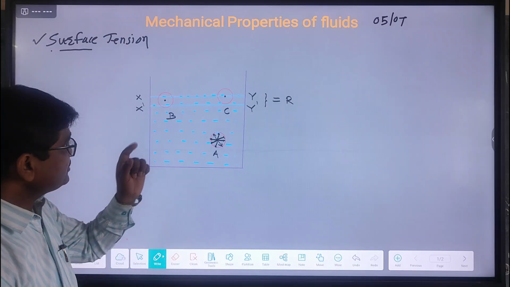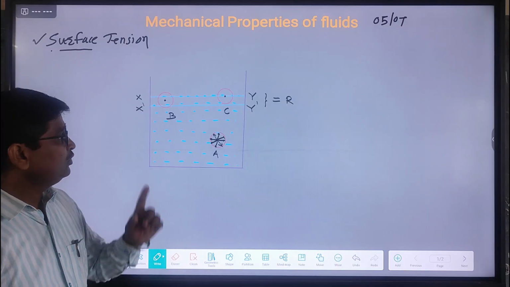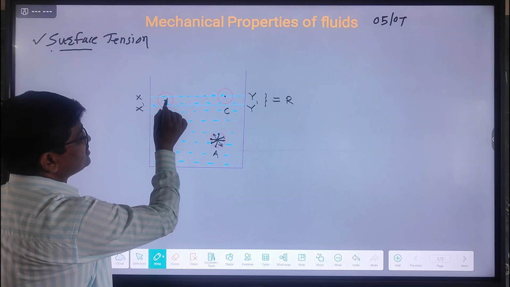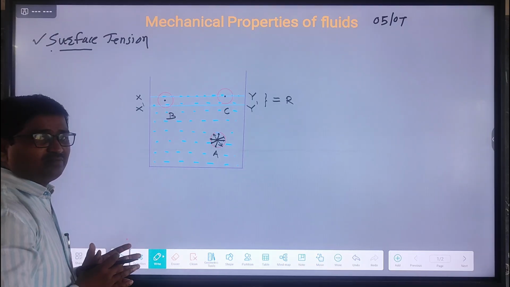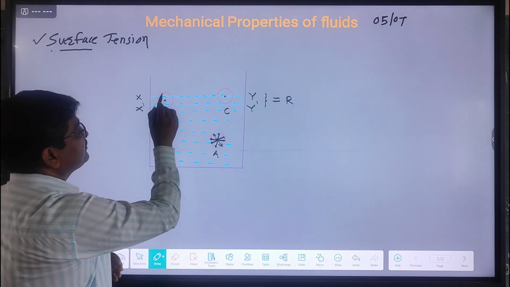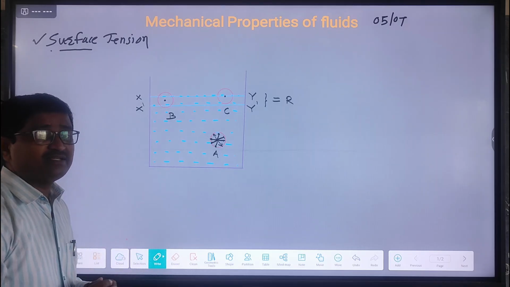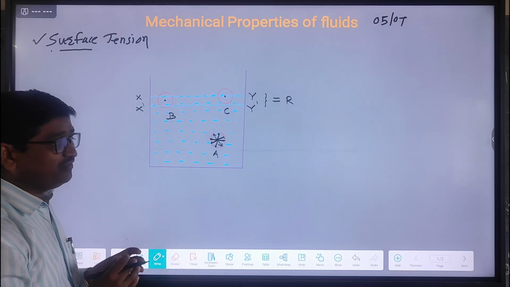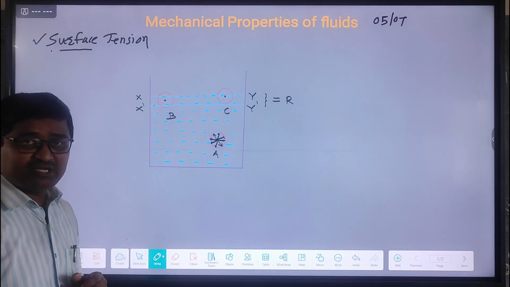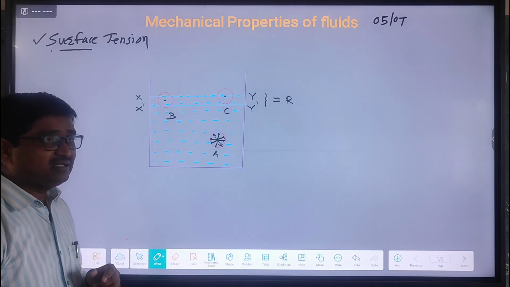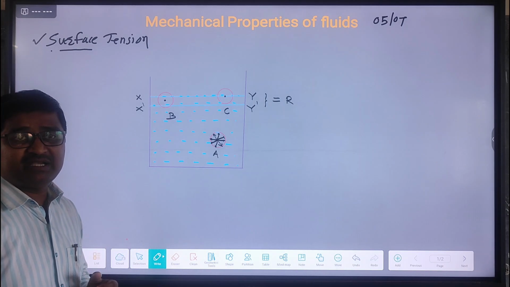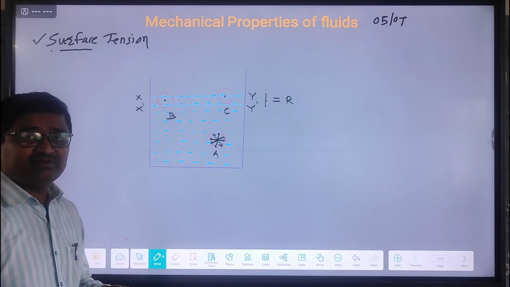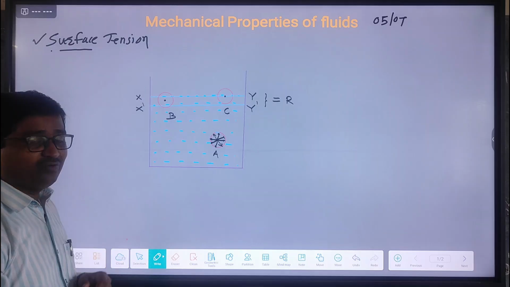Get it clear? Let's observe molecule B. For molecule B, there is a large part of the sphere of influence in the liquid and a very small part of the sphere of influence in air. But we know that the density of air is very small compared to the liquid. So the weight of the air particles is very small compared to the total weight of the liquid molecules within the sphere of influence.